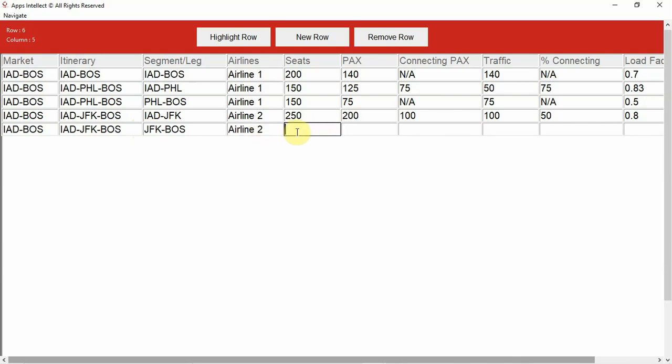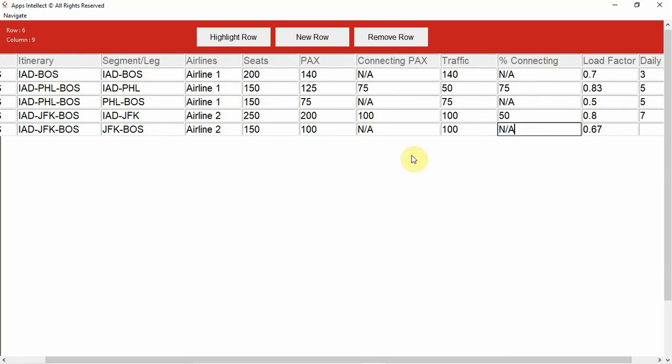For this route, Airline 2 has a 150 capacity aircraft, and the number of passengers is 100. It's not connecting because it is reaching the destination Boston. So the 100 is the number of traffic, not applicable, and the occupancy rate of this flight becomes 0.67, and the number of daily flights for this airline is 7.